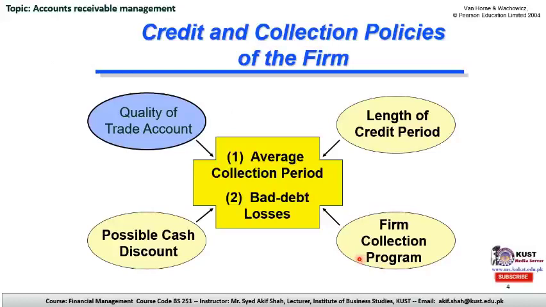So let's go ahead. Here we have our broader diagrammatical shape of credit and collection policies of a typical manufacturing firm, in which we have already discussed the quality of trade accounts and their impacts on the average collection and bad debt losses. Along with that, we have discussed in detail the trade-off between the company's profitability and the additional funds tied up, against which we are missing the opportunity saving or opportunity cost.